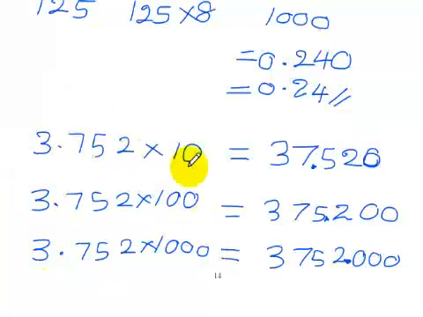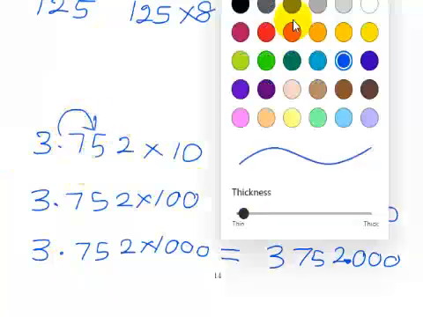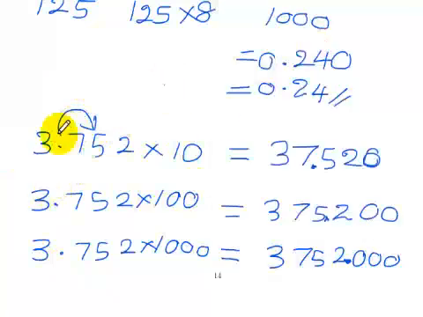Now when you observe the answer and the value which you multiply by the power of 10, you can observe that when multiplying any decimal value by a power of 10, the decimal point shifts to which side? It shifts to the right hand side.